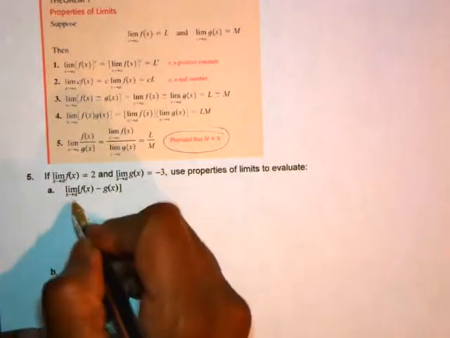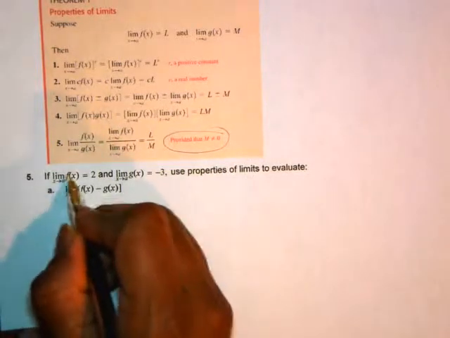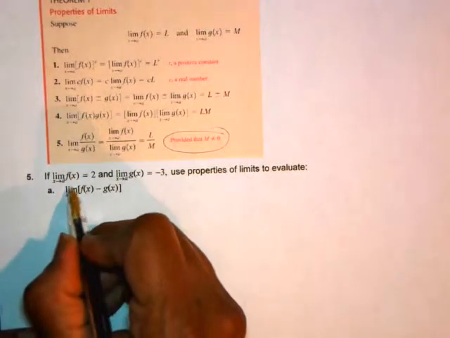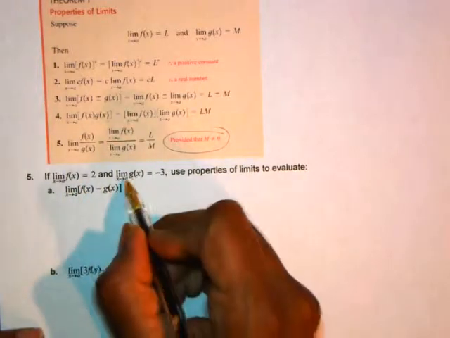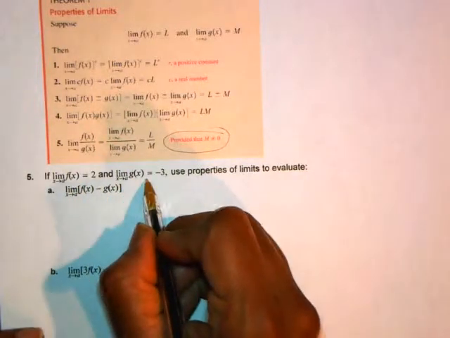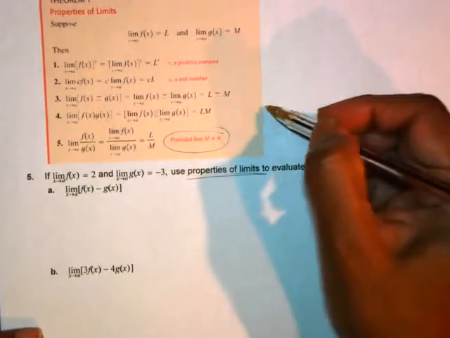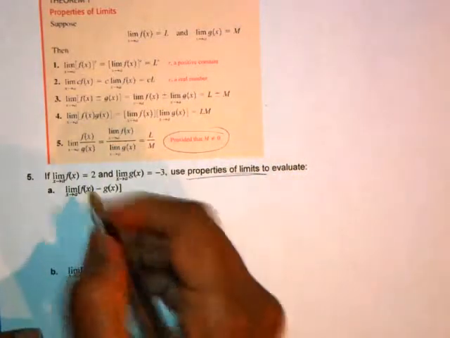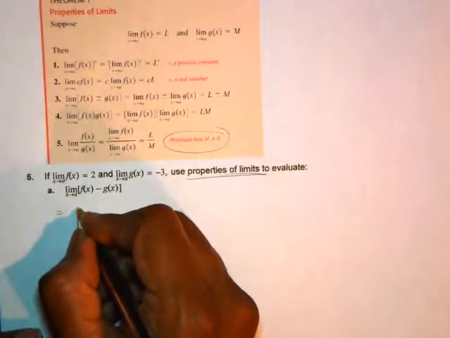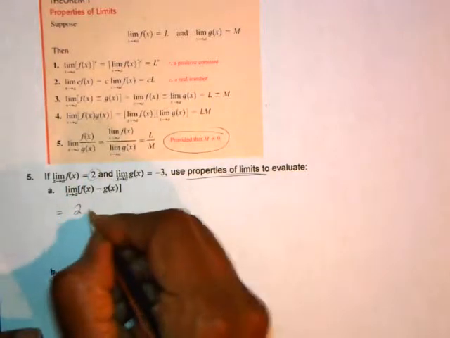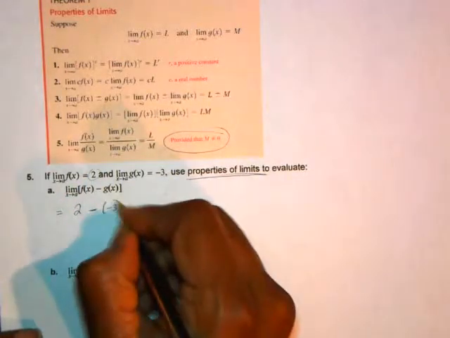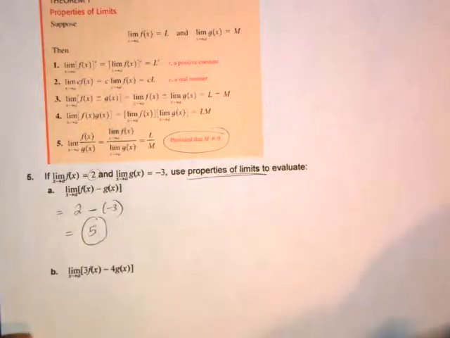For this first one, we know that the limit of a function, we don't know what the function is, but it's 2. And the limit of another function, g of x, is -3. We're going to use the properties from here to evaluate this limit. So if you have f minus g, basically it's this limit 2 minus that limit, 2 minus negative 3, well, that's just 5.